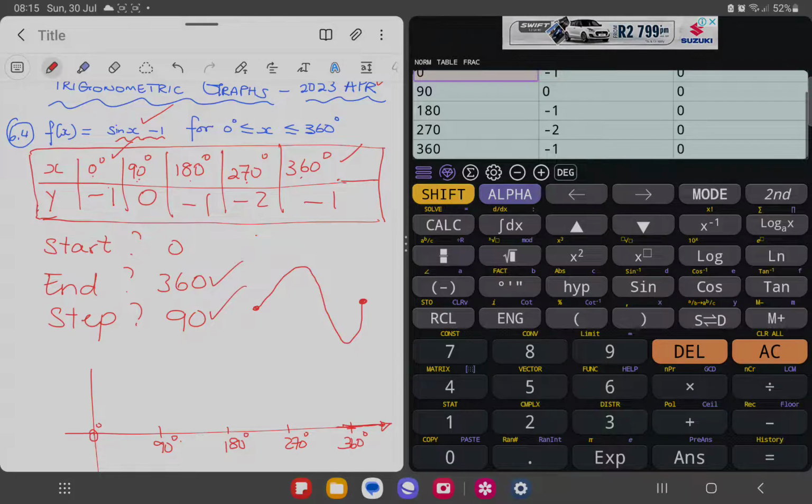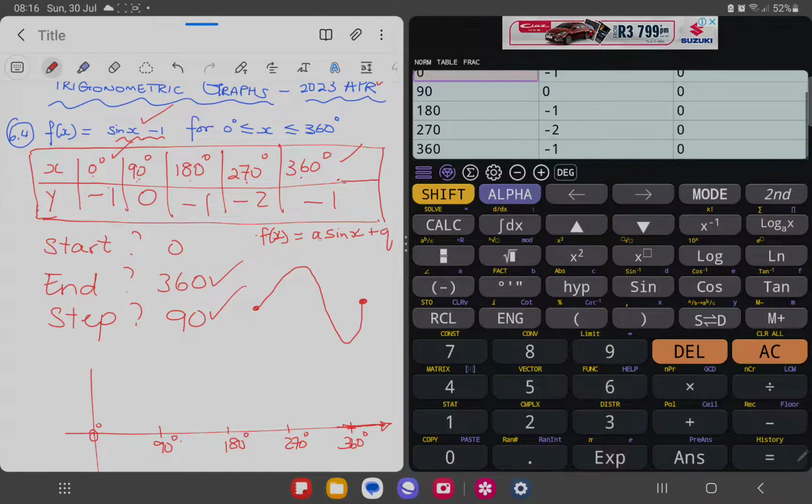Then the shape of a sine graph must look like this, more especially if the value of a here is positive. Remember the standard form of the sine graph is f of x is equal to a sine x plus q.